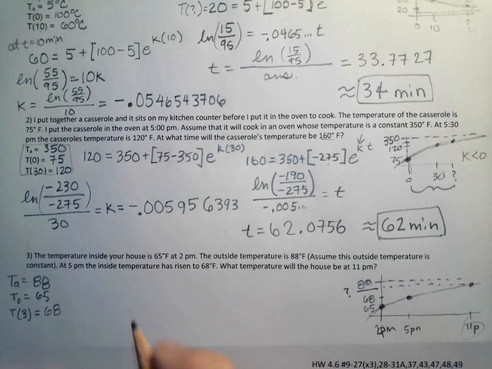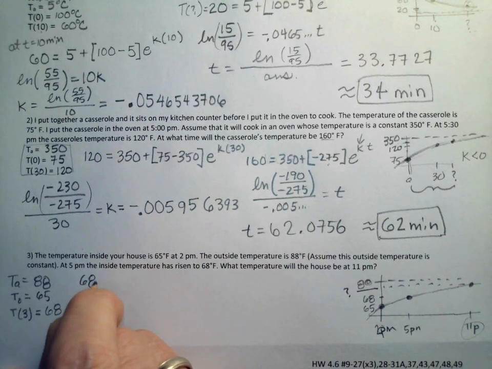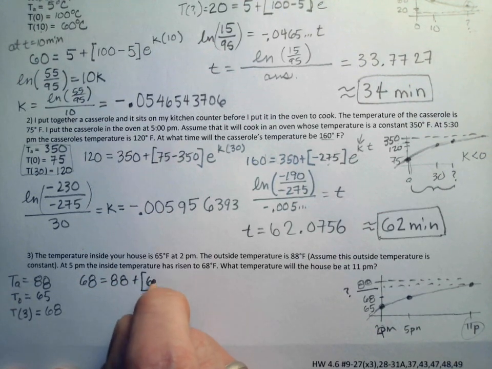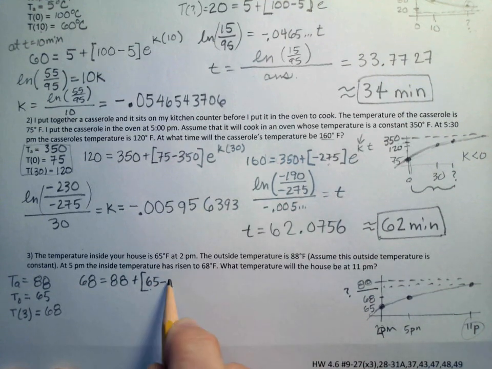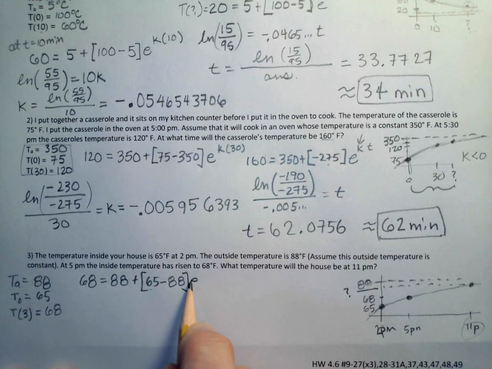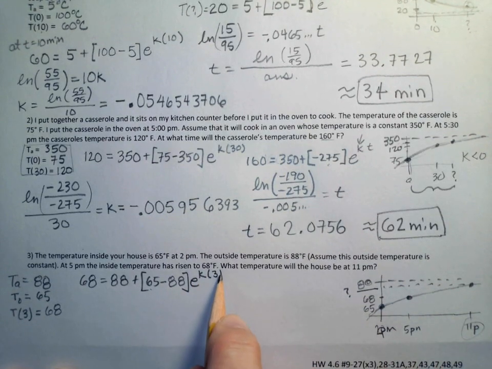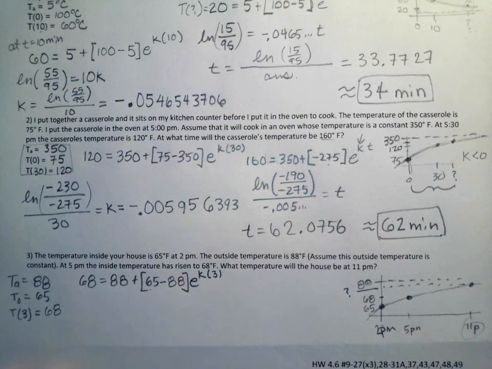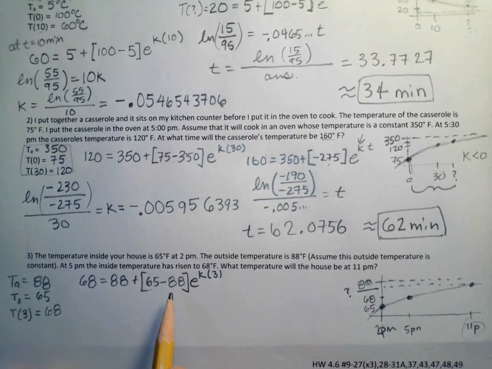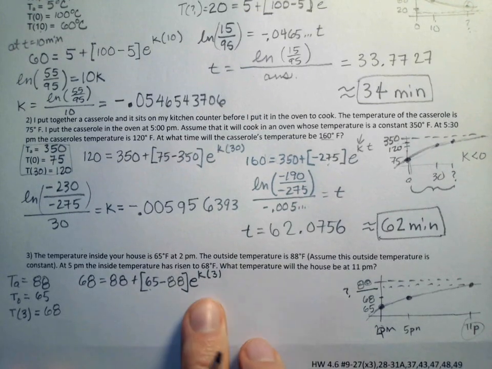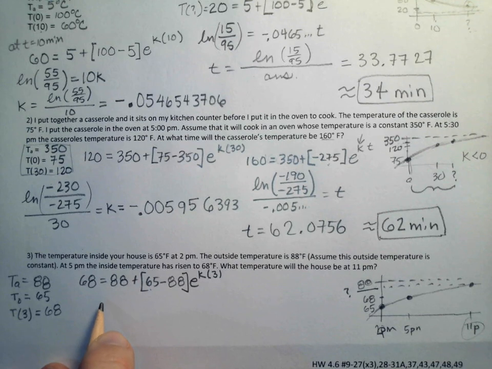Okay, so plug in everything you know to find your K. So 68 is equal to 88 plus 65 minus 88, the initial minus the ambient, and then e to the K times T, where T would be 3 hours later. All right, so solve this one for K. Again, subtract the 88, divide by the negative 23 that we get here. Take the log of both sides, bring the 3K down in front. So we're going to get negative 20 when we bring the 88 over.